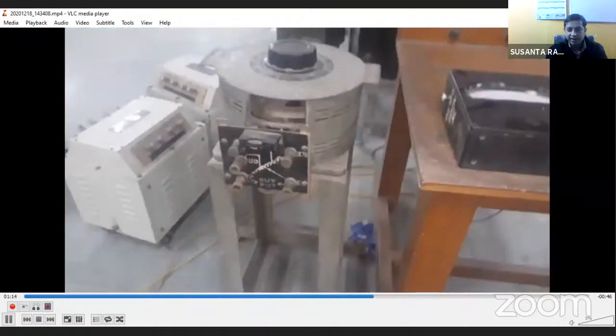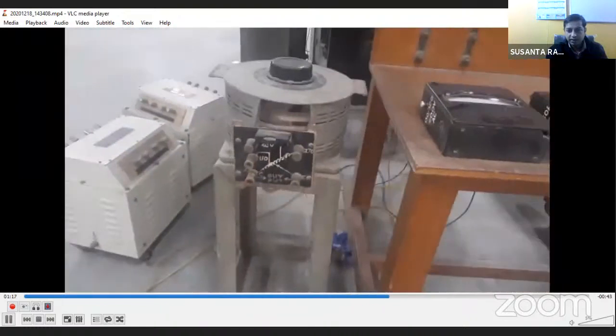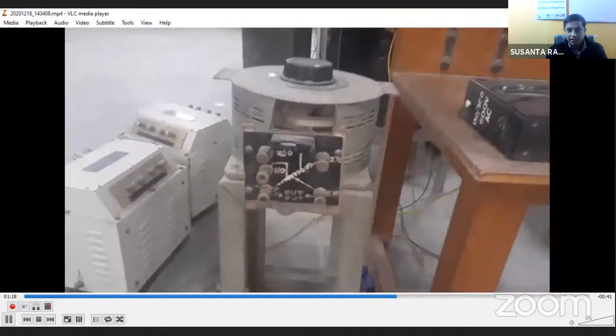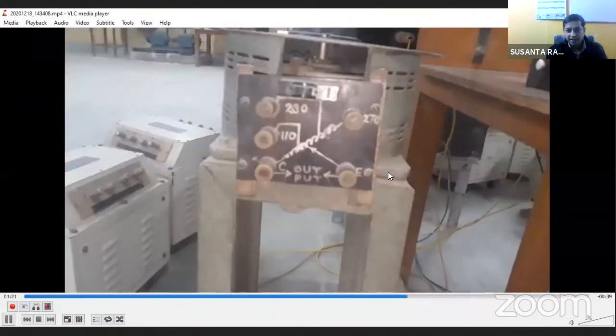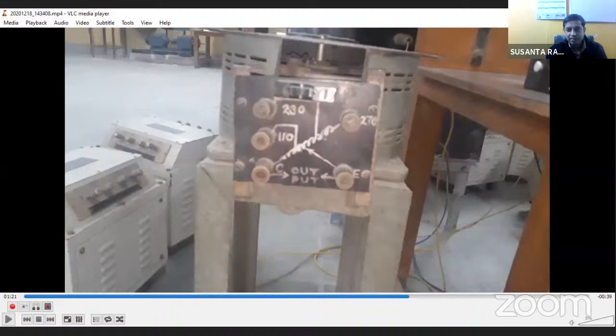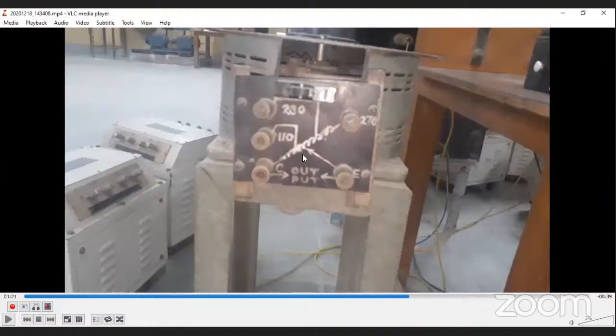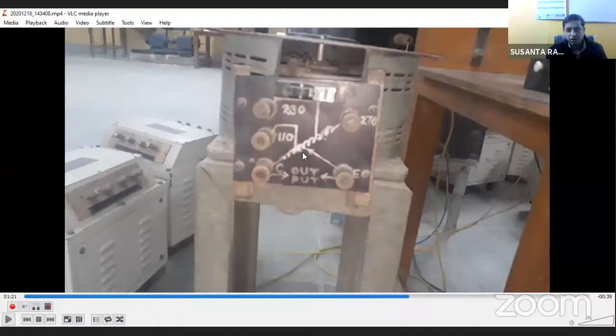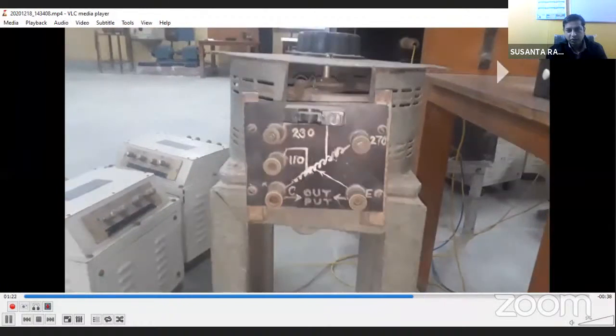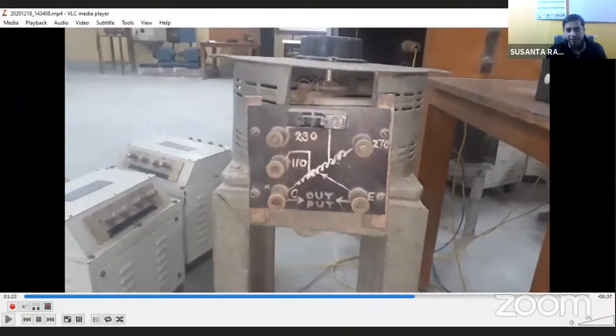And this is the variac. As you know, the variac is basically an auto transformer, a variable auto transformer. Here in the variac we will connect our input to this 110 and common, because the available voltage in our laboratory is 110 volt AC.